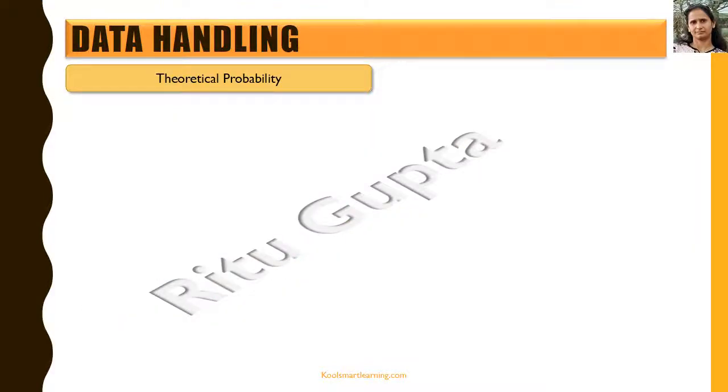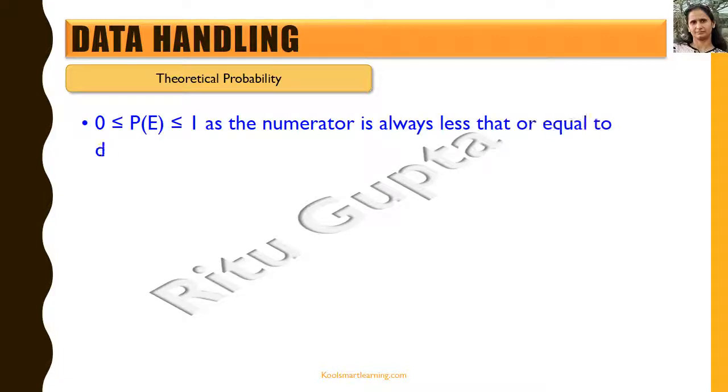Now let's understand a little bit more on theoretical probability. The theoretical probability P(E) will always lie between 0 and 1. Why? Because in an experiment, the total number of outcomes, whatever that number may be, will always be more than the number of outcomes which are favorable to the event that we're looking for.